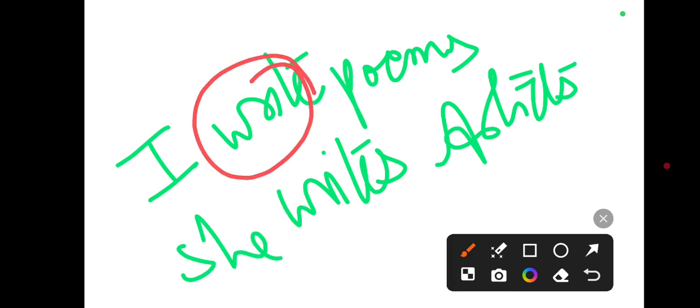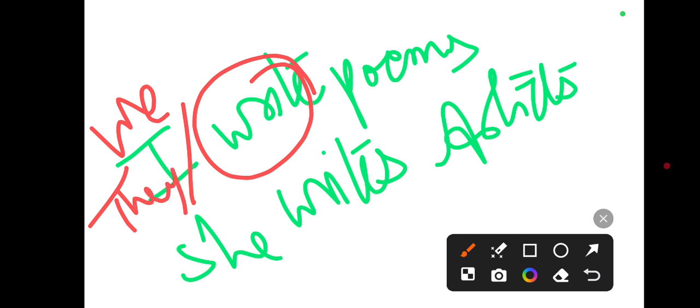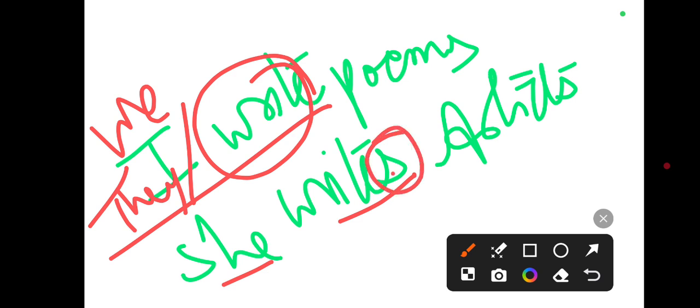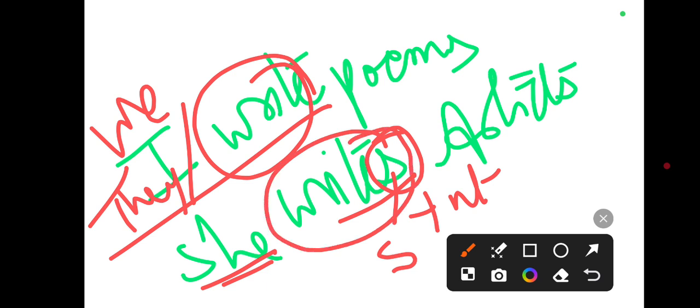I write, we write, they write, because I follows plural rules. So that is why no s in the verb. But here she writes with s, and s represents present tense and singular subject. That's why for making the verb singular we have to put s.